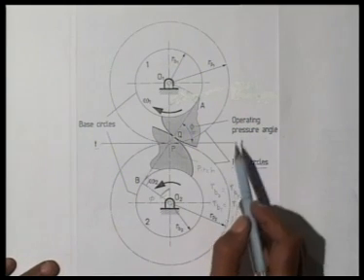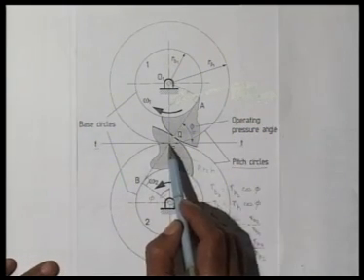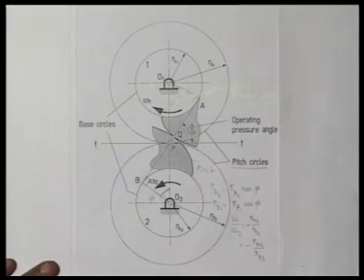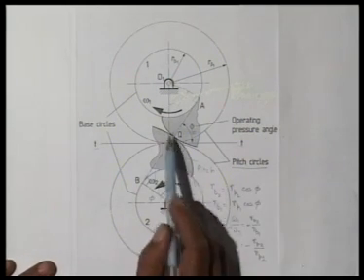So, we have defined the operating pressure angle, the pitch point, and the line of action for these two involute profiles maintaining conjugate action. In our next lecture, we shall discuss what are the advantages of such involute profiles.